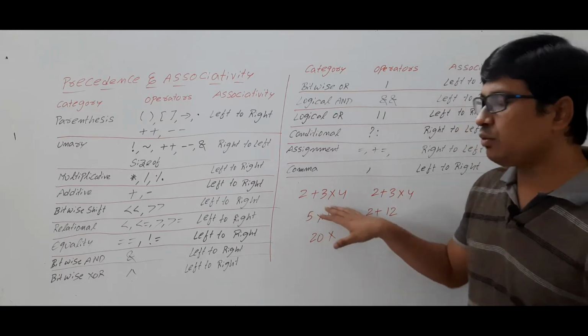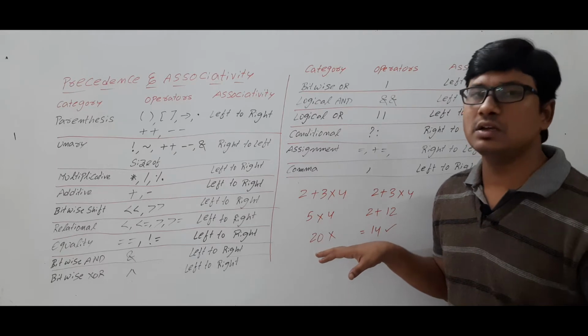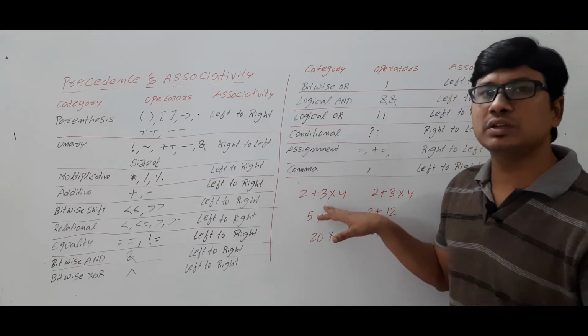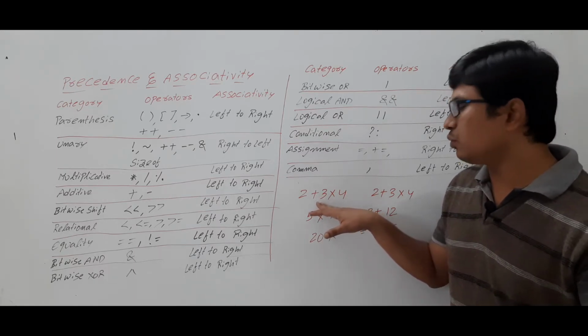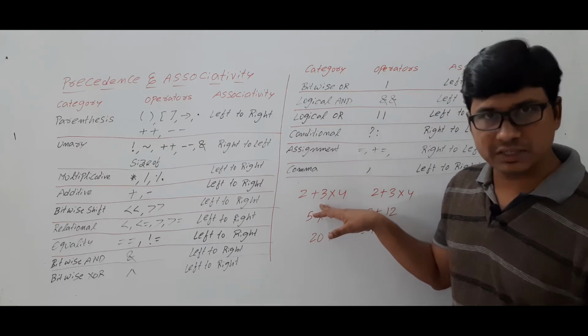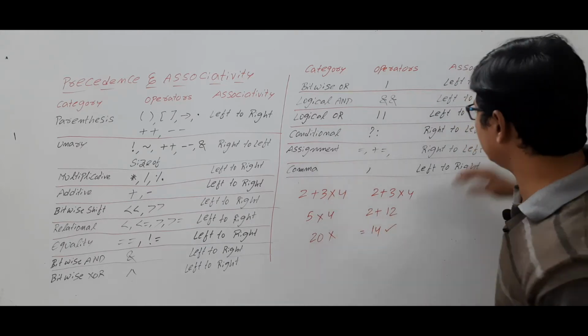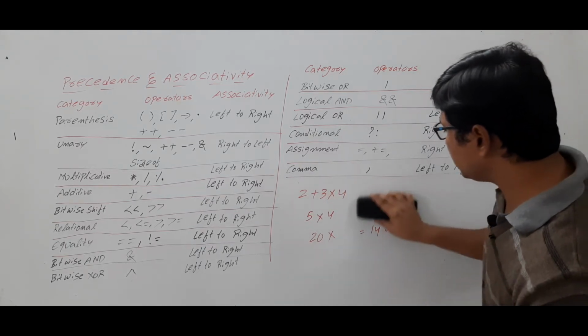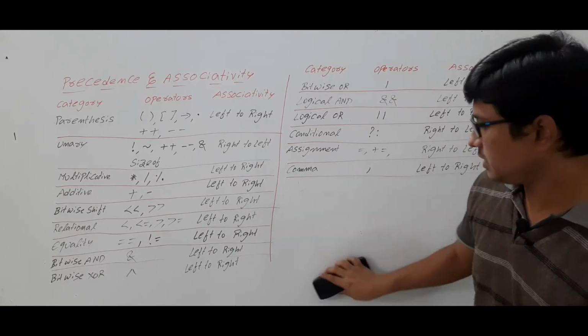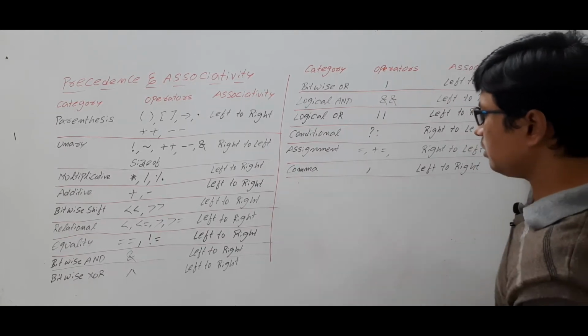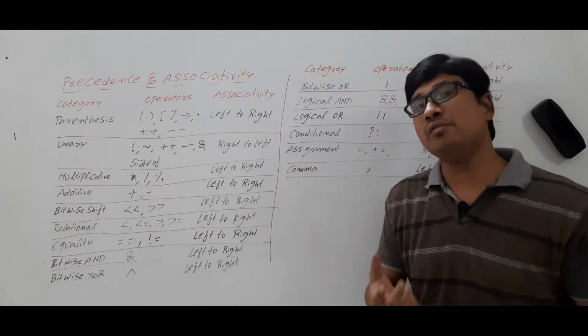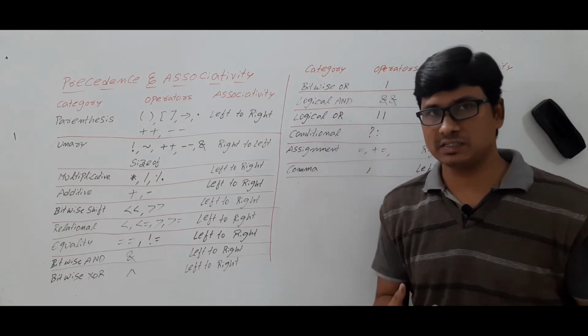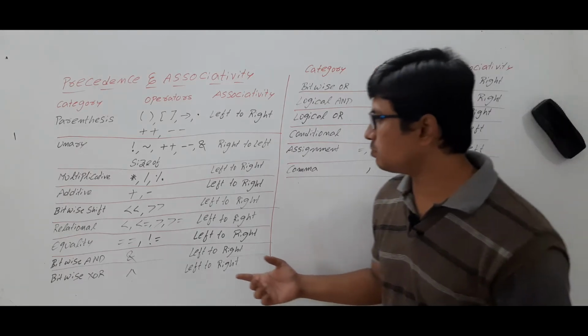So if you have two different operators, now which one you should give higher priority, that one will be decided based on the precedence. Okay, is it clear? Now let's take that what is associativity. Now let's take that if you have two operators having the same precedence. Is it clear? Let's take a simple example.